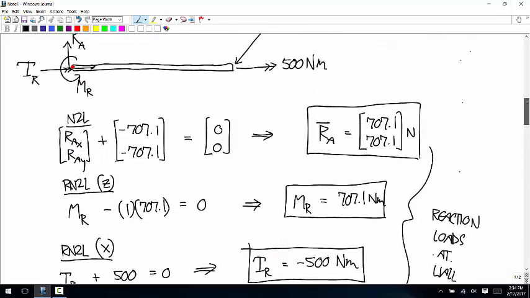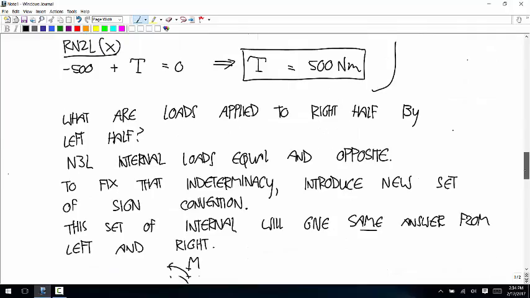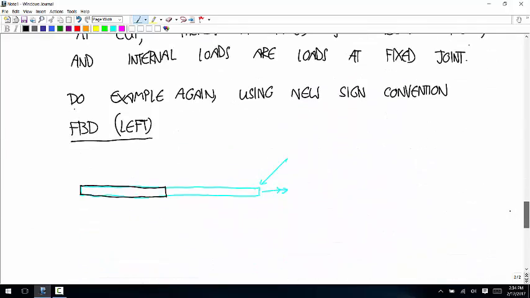The external loads at the wall are a force of 707.1, 707.1, a bending moment of positive 707.1, and then a torque of negative 500.